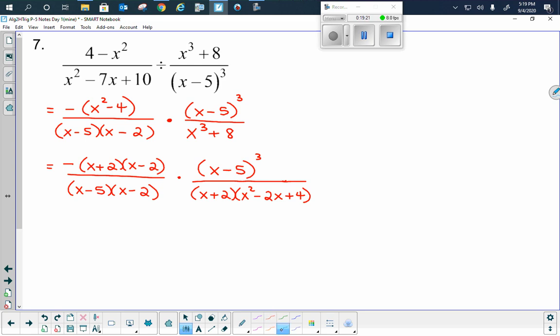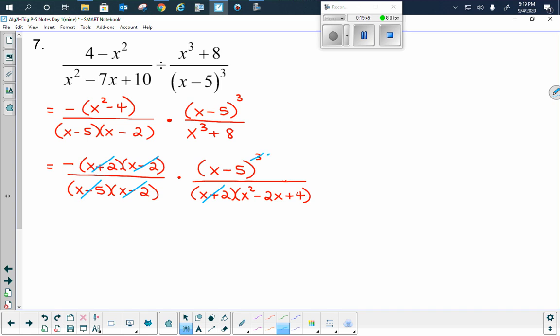You can cancel anything on the top with anything in the bottom, the full factor. So I notice the x minus 2's cancel. Next, I notice these x plus 2's cancel. Next, I notice I have some x minus 5's that will cancel. So I can cancel one of them from here with one of them from here.